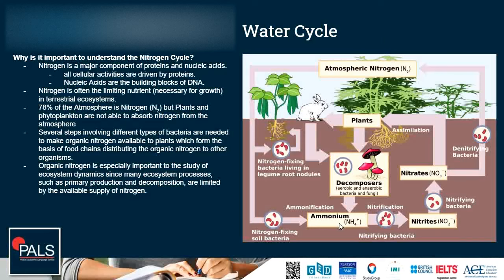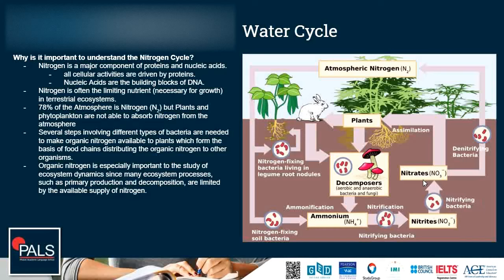Ammonium still can't really be used by plants, so we have another form of bacteria, the nitrifying bacteria, which carry out a two-step process of nitrification, where the ammonium is first changed into nitrites. Nitrite is NO2-, and then another form of nitrifying bacteria changes the nitrites into nitrates.